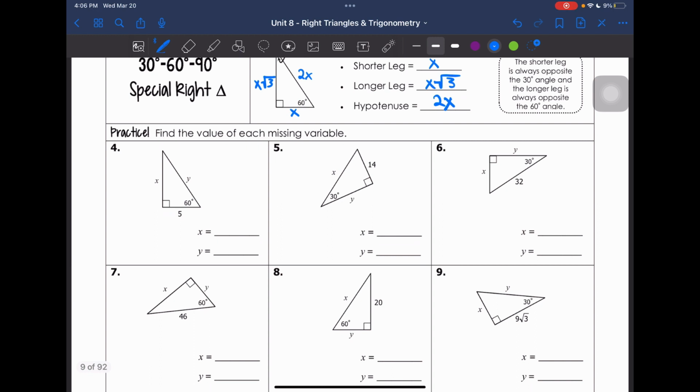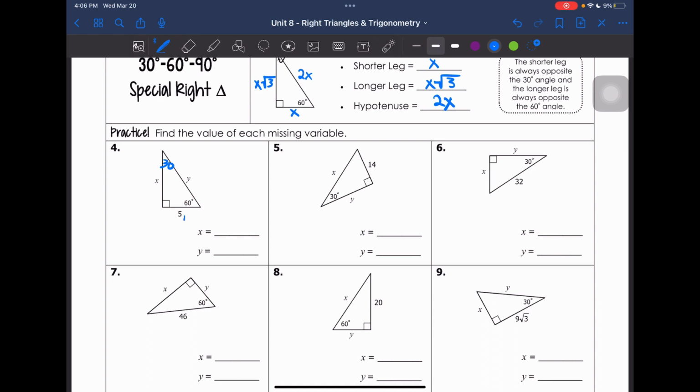Number 4, I can tell that it's 30, 60, 90 because there's a right angle, a 60-degree angle, so that means this has to be a 30-degree angle. So the first thing that I always do when I see these is mark it up using what I know about 1, 2, root 3. So the 1 side is always across from the smallest angle, the 30-degree angle.